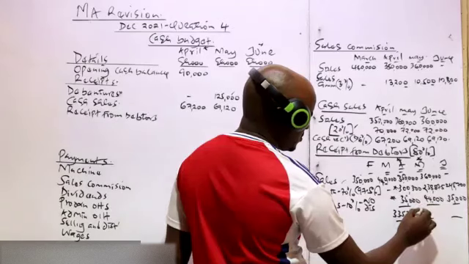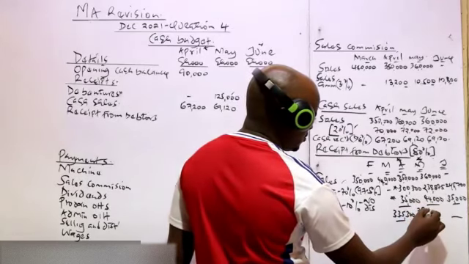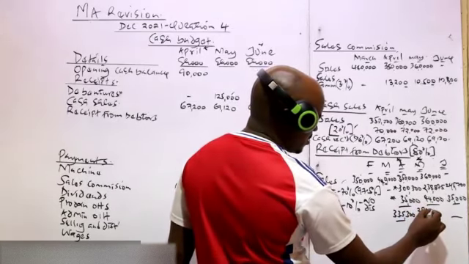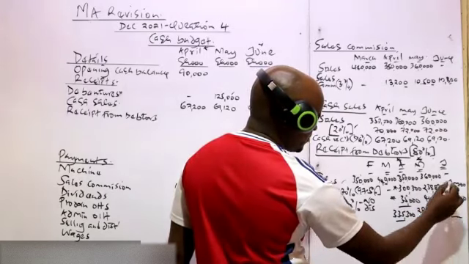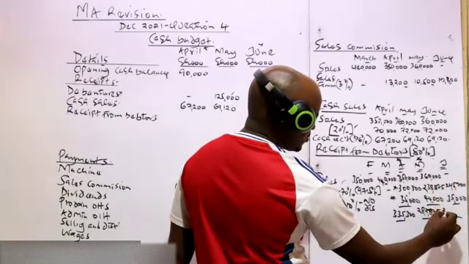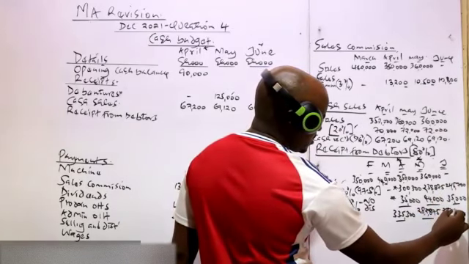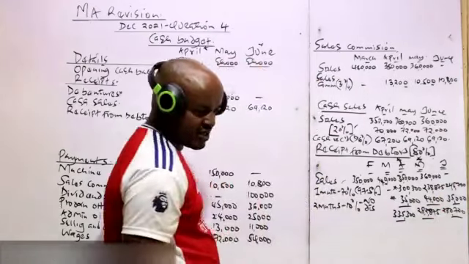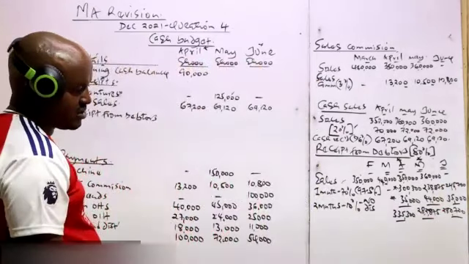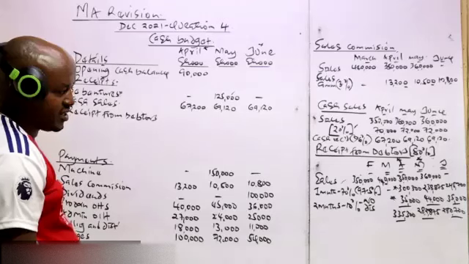282,875. What about this one? 28,700. Is that what you're getting?